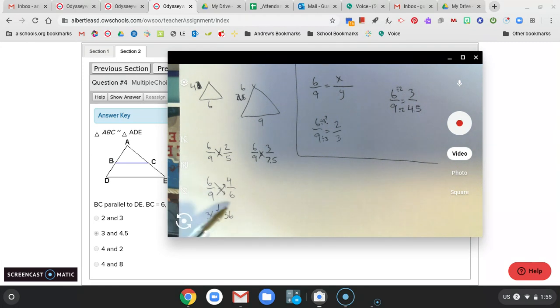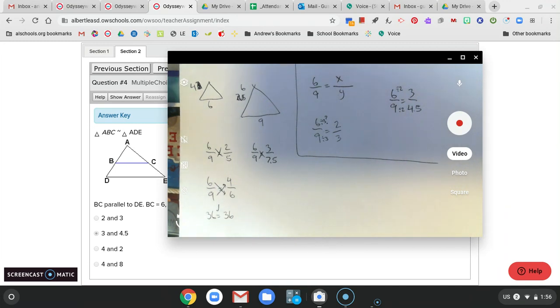So this cross multiplying is another way to test whether the proportion is equal. We could have tested it here. 6 times 5 is 30. 9 times 2 is not 30. 9 times 3 is 27. 6 times 7.5, definitely not 27. So that cross product is another way of testing to see if that proportion works.